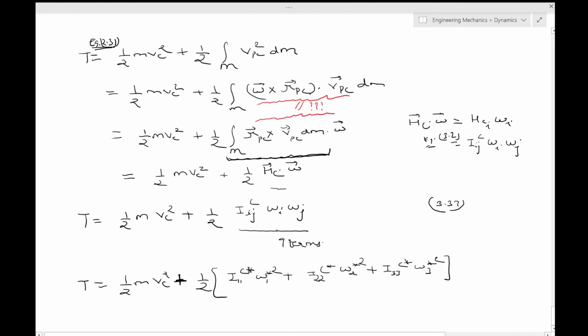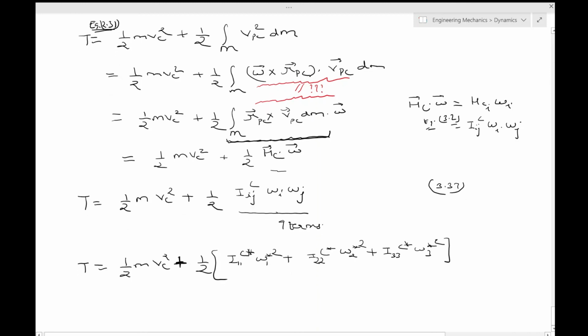The star automatically refers to the principal axis of inertia at C.